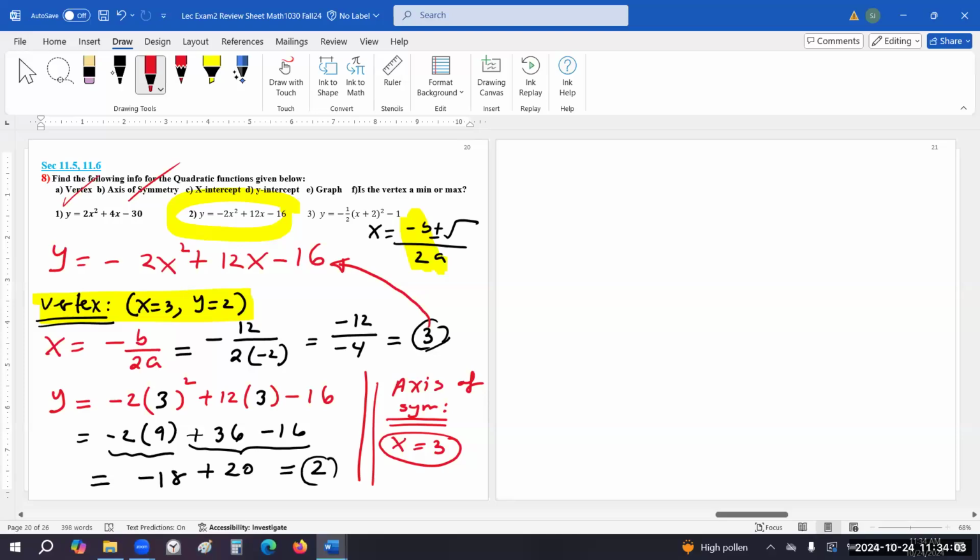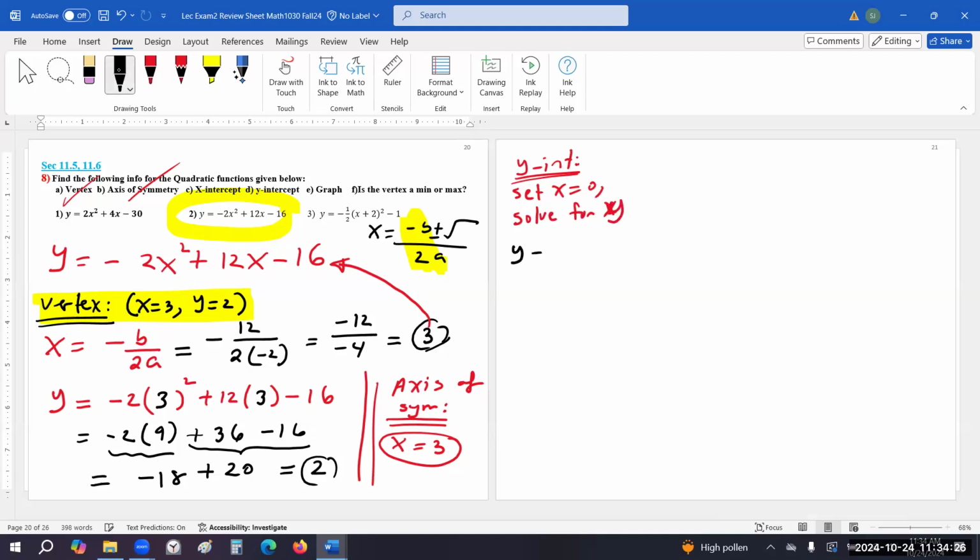Let's find the y-intercept first. It's easier. How do you find the y-intercept? Set x to 0 and solve for y.